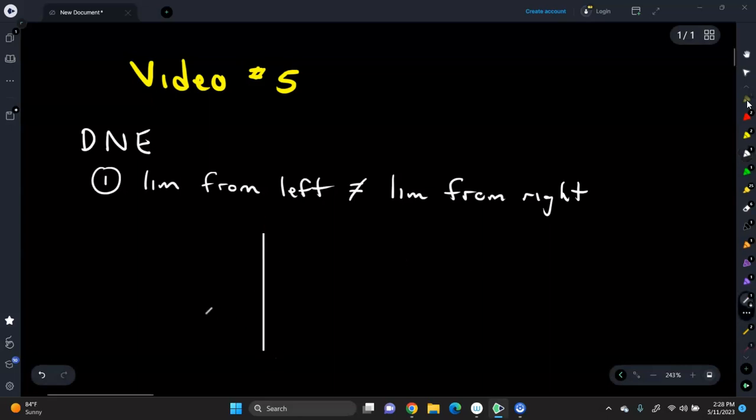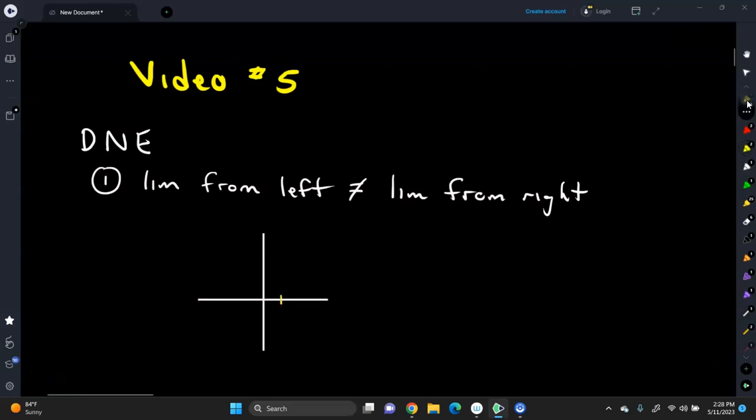So to give you an example, if we're looking at, let's say the limit as x approaches 2, and we're looking at a function that looks like this.